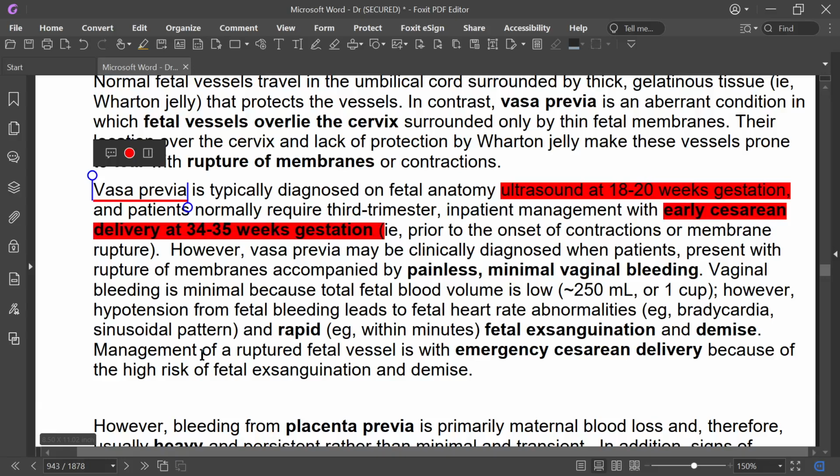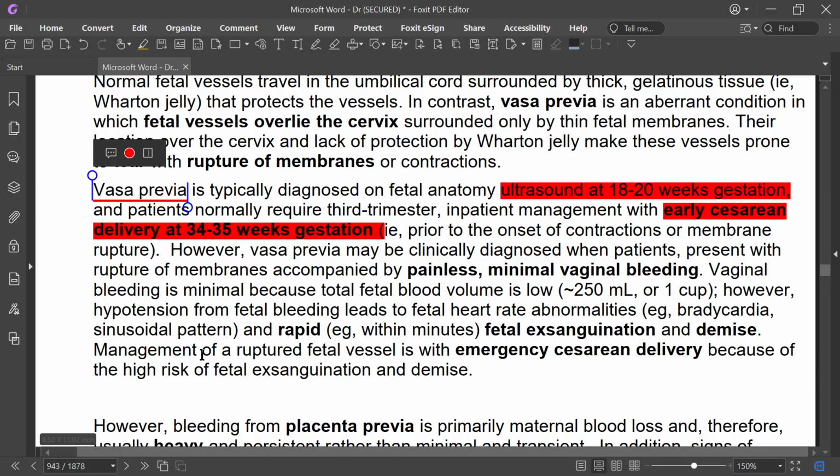However, vasa previa may be clinically diagnosed when patients present with rupture of membranes accompanied by painless, minimal vaginal bleeding. Vaginal bleeding is minimal because total fetal blood volume is low, 250 ml or 1 cup.